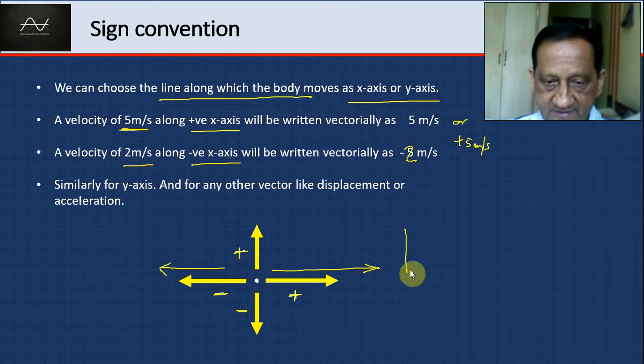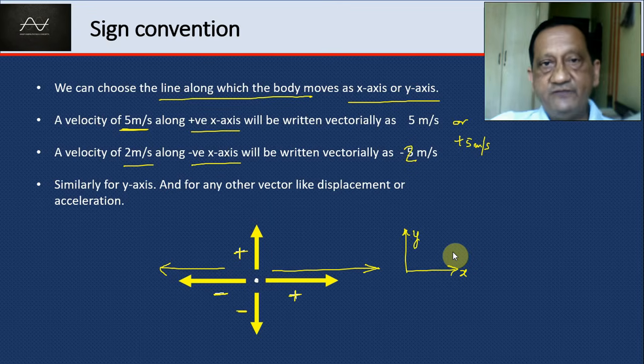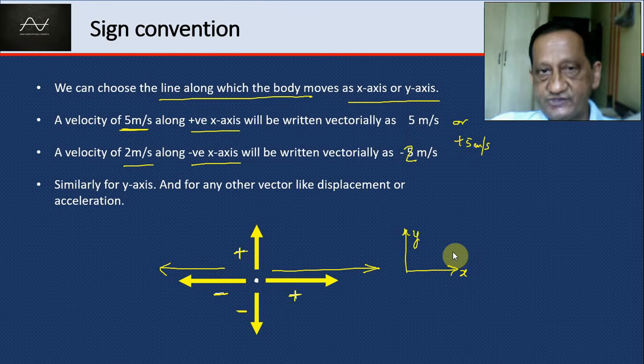And our x-y axes are like this. So velocity is a vector. We will have to say plus or minus. For speed, we don't have to say that. Speed is a scalar quantity. Velocity can be negative depending on the direction. All right. So I hope you enjoyed this one, and we will continue this topic with acceleration now.